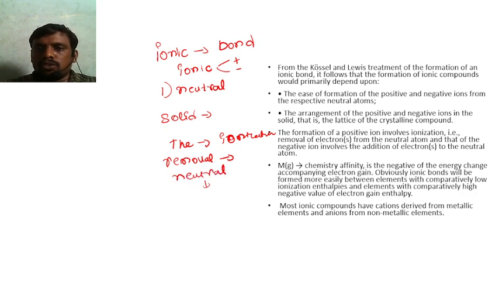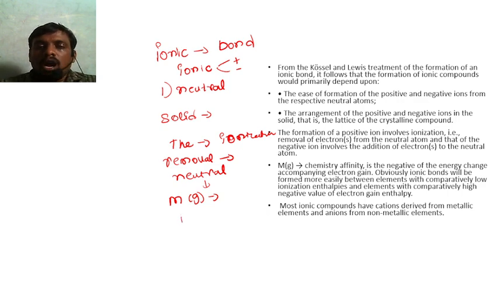The negative ion formation involves addition of electrons to the neutral atom. Electron gain enthalpy is the negative of the energy change accompanying electron gain.